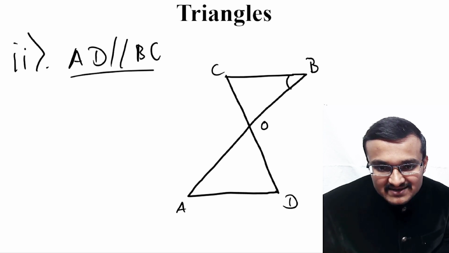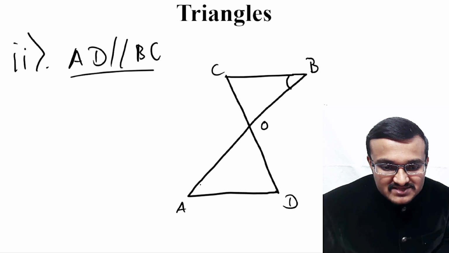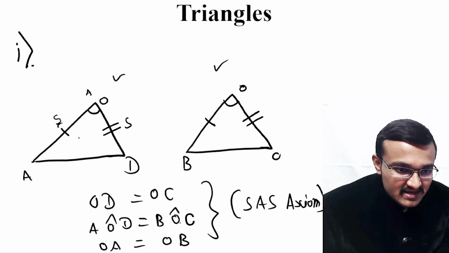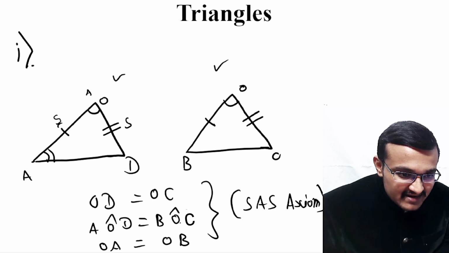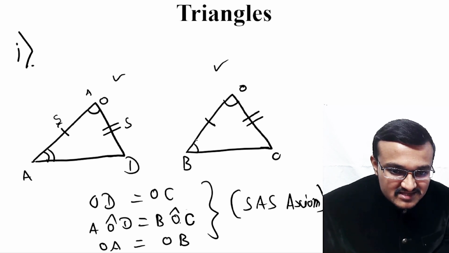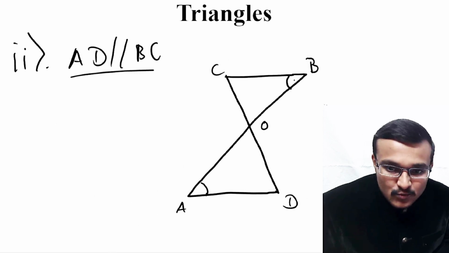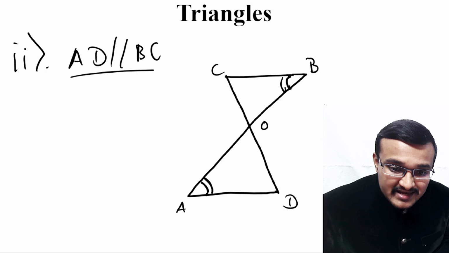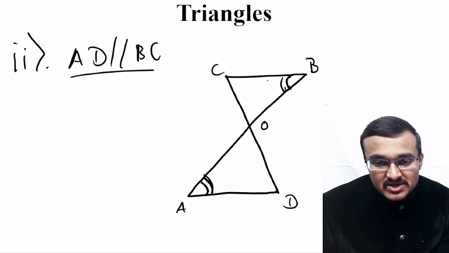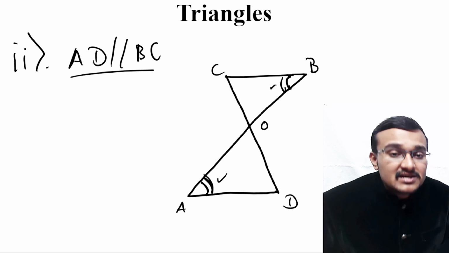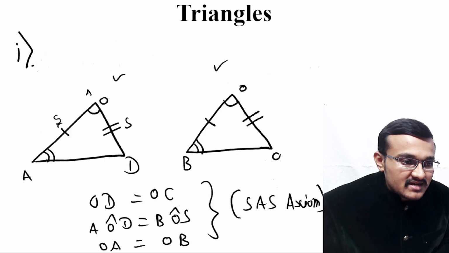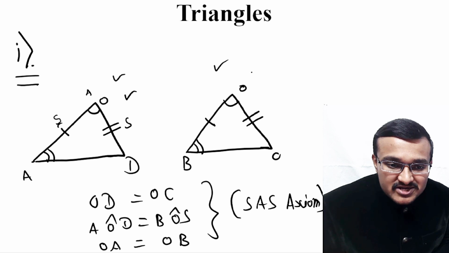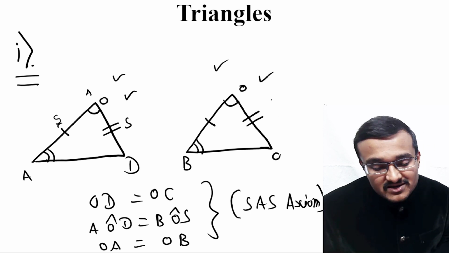Now we will consider angle CBO and angle OAD. In this figure you can see OAD is this particular angle and OBC is this particular angle. Here this angle and this angle should be equal to each other, because in the first case we proved that this triangle is congruent with this triangle.